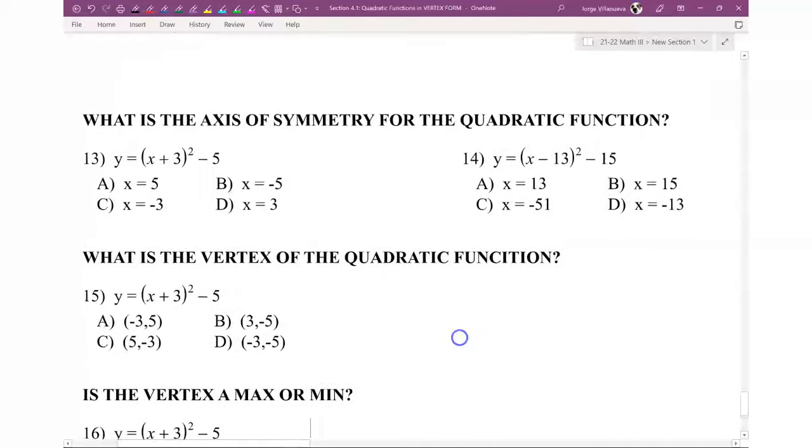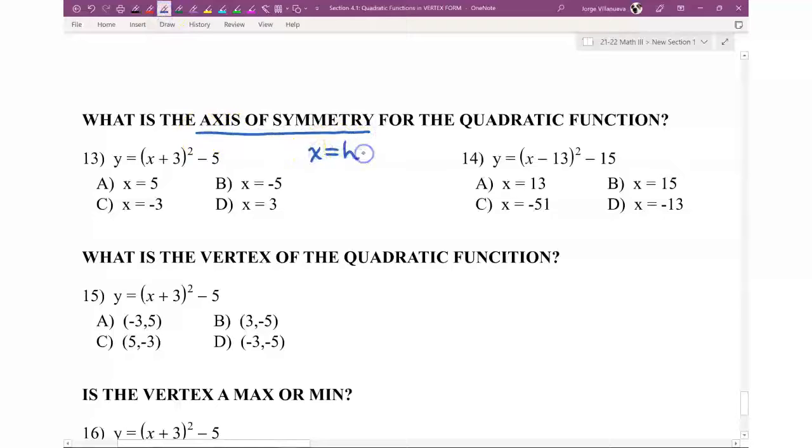right? Now, axis of symmetry is something that I kind of have to tell you guys about, but it's not that hard. Ready? And this will be in your notes. Axis of symmetry. That's your axis of symmetry: X equals H. So, H is here and here.